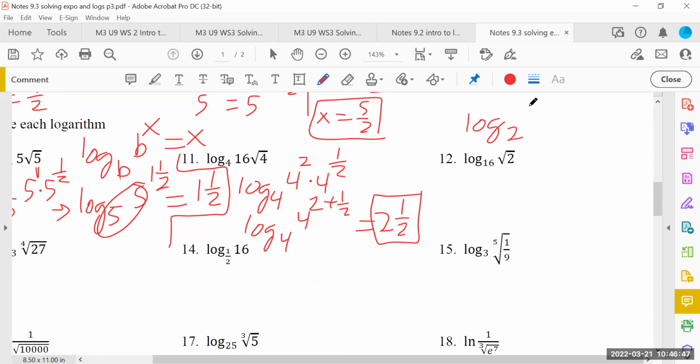What would log base 2 of 16 be? 2 to the 4th power. So we said that if I swap those, I should get the reciprocal answer. So we're getting closer. If I just had log base 16 of 2, that would be 1 over 4.